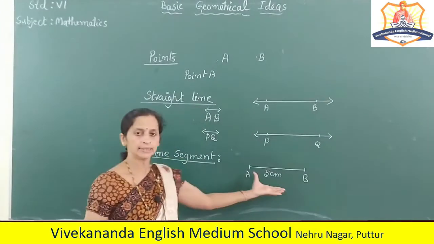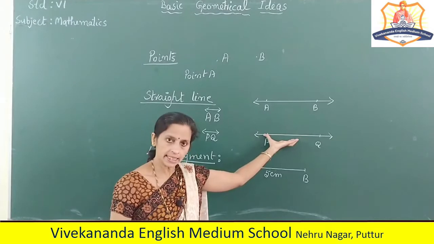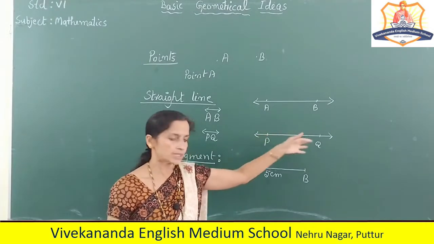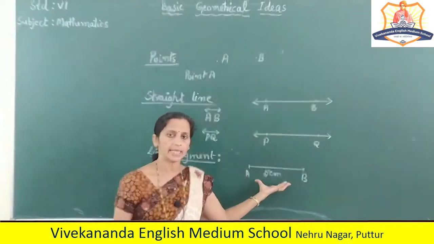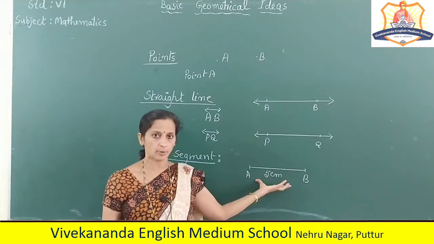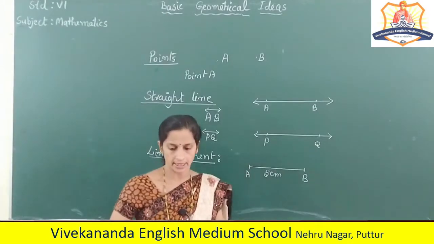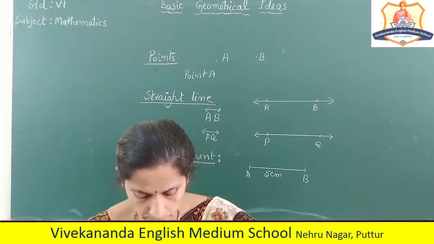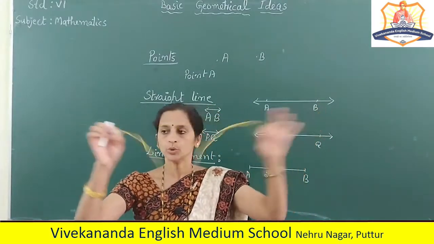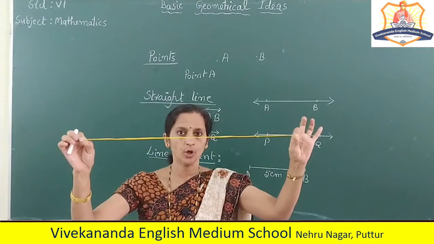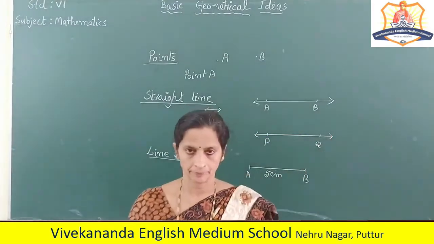This is known as the line segment. In a straight line you can extend both sides, but in a line segment you cannot extend either side because the end points are fixed. Now if you observe this wire, the two end points which I hold show the end points of this line segment.